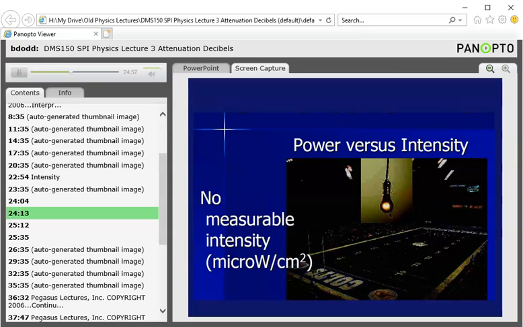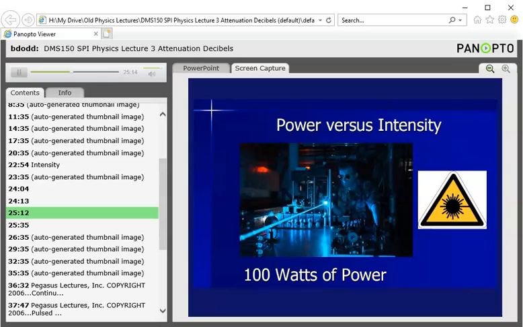Now if we take that same power, 100 watts, I've written up here 400, so we'll make it 100, just to be consistent with the slide. So we take 100 watts, and now we're going to focus it as a laser. All of that light's going to stay in one little bitty area.